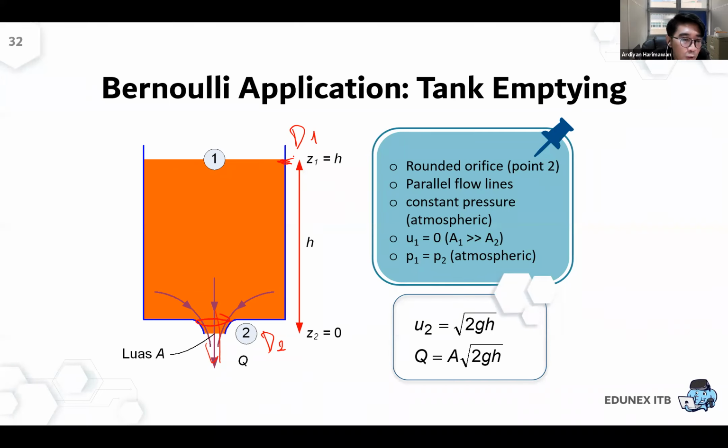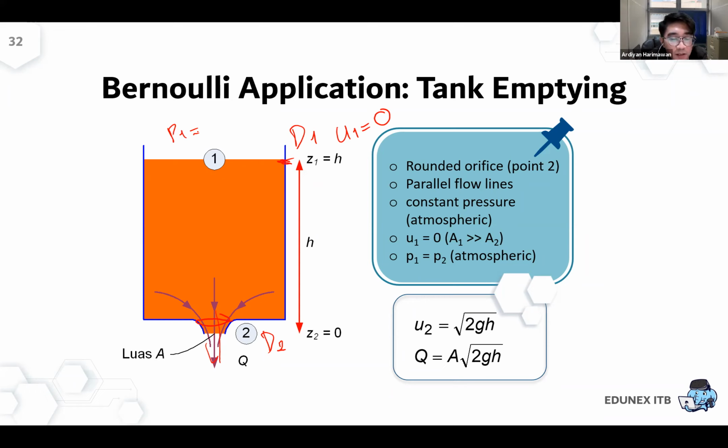It means at point 1 you can assume the velocity is 0. Velocity at point 1 is 0. Okay, how about the pressure at point 1? What is the value of the pressure at point 1?